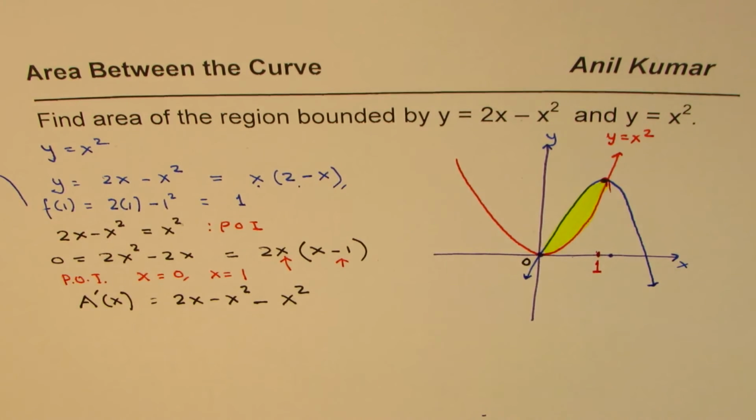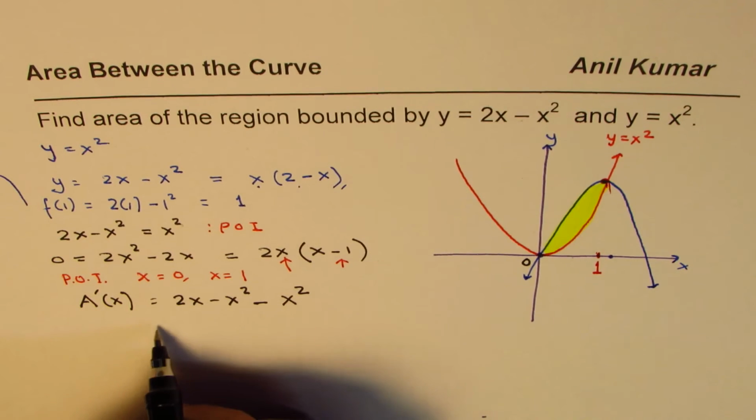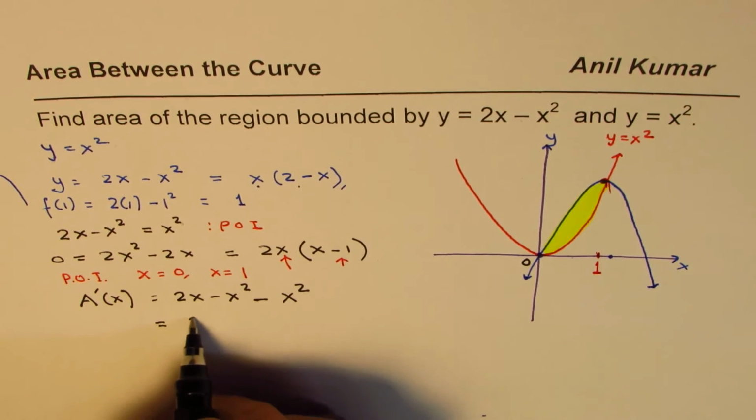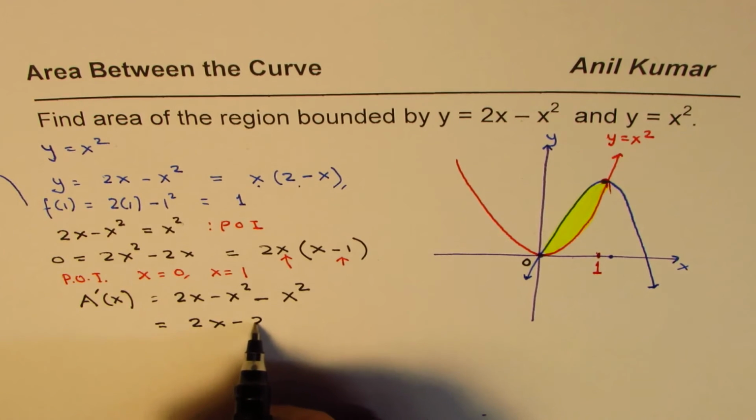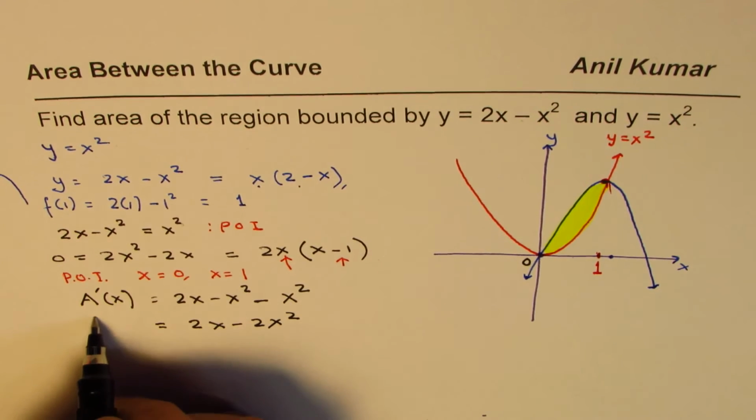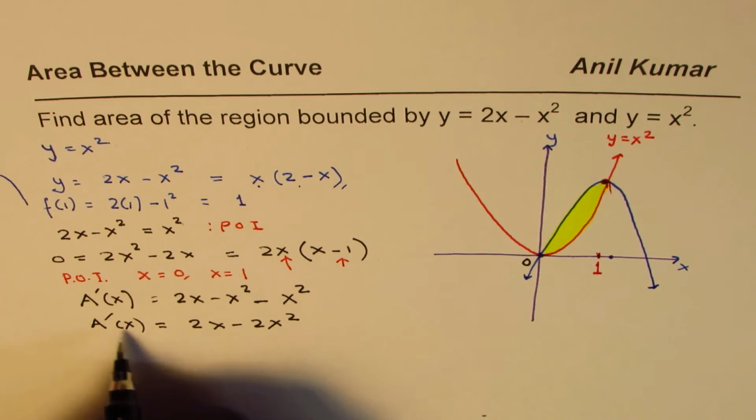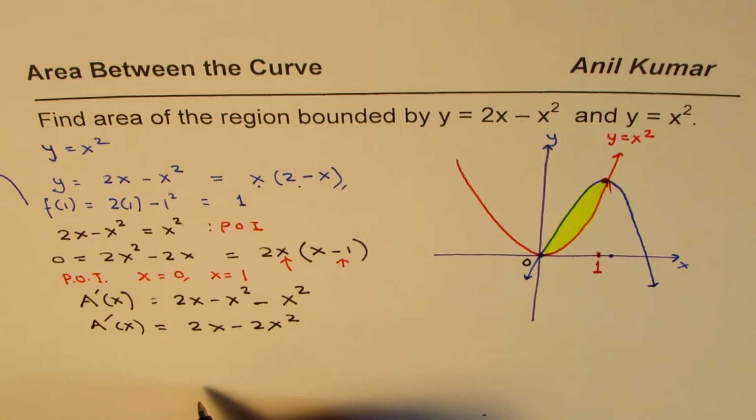So that is the function which we are looking for. So we want an antiderivative of this, which is 2x minus 2x squared, correct? That is the derivative of the difference of these two functions.